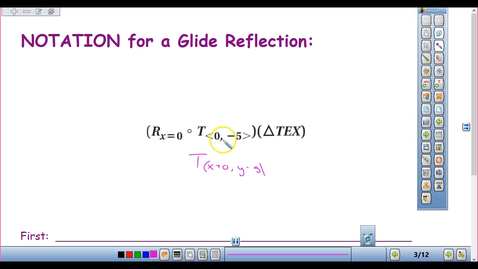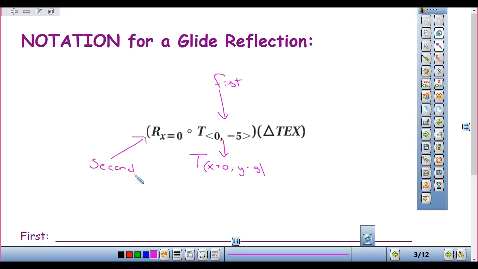The funky thing about this is we always do what is closest to the triangle. So this side, we do first, and this second. So you kind of have to read it backwards.